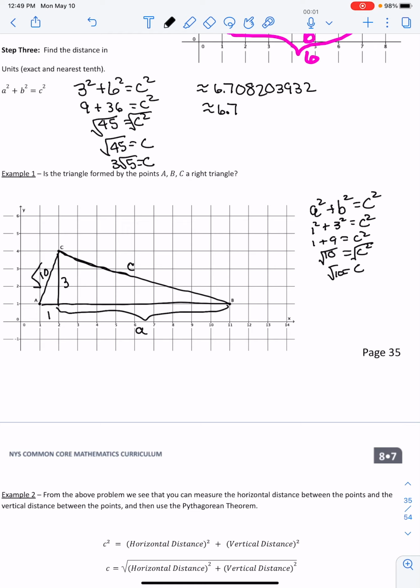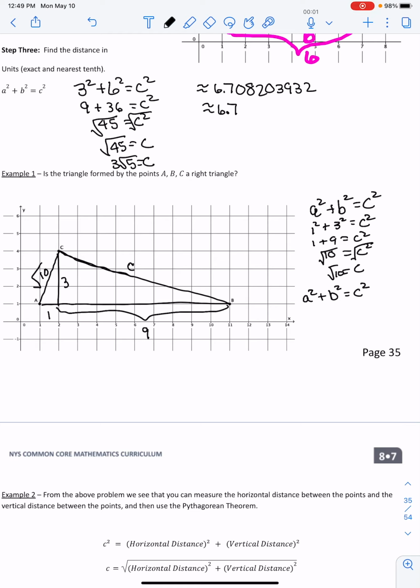So trying to find that now, we have A squared plus B squared equals C squared. And then, oops, sorry, this is 9, not A. I apologize. There we go. Let's fix that. We got 9.